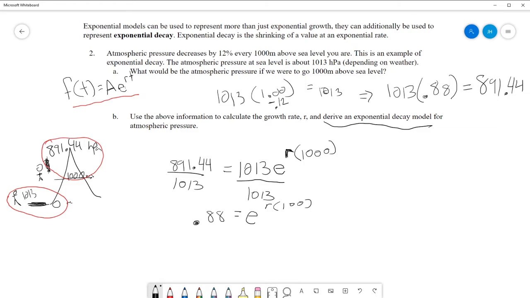In order to remove this e here, we got to use natural log on both sides, because natural log is the inverse of e to a power. Those cancel each other out. And then we get that the natural log of 0.88 is equal to r times 1,000, which is simple enough to solve for. Divide both sides by 1,000.